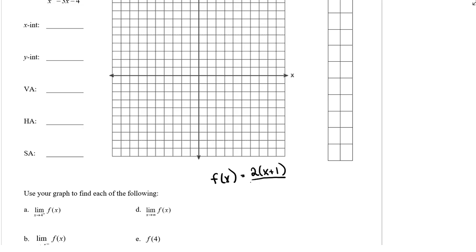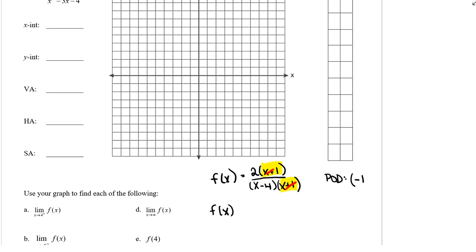The denominator will factor into x minus 4 times x plus 1. The common factor of x plus 1 will cancel from both my numerator and denominator, making the x value of my point of discontinuity, or the x value of my hole, equal to x equals -1. And that x value comes from that factor that was canceled from both the numerator and denominator.